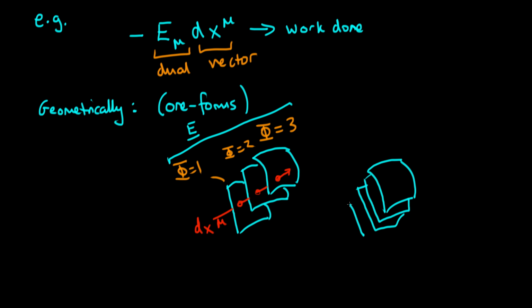So we just have something that looks like this. And then if we use the same vector which punctures through these various plates, we're going to see that this is going to pass through many more plates than it did previously. And hence what we have here is a higher amount of work done.